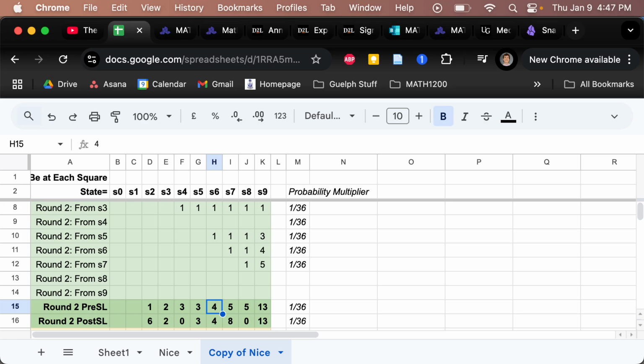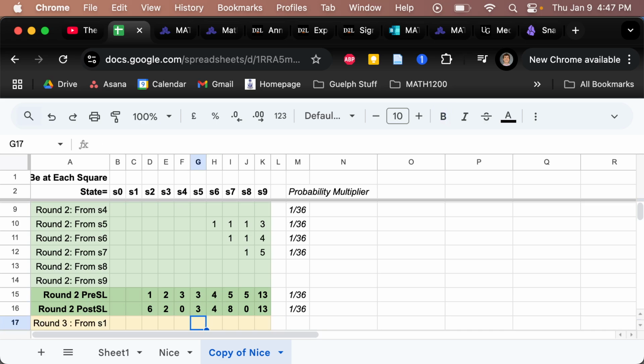All right, let's do round 3. By the way, if you just wanted the answer to the original question, which was in round 3, how do you get to 7? You can already do a little bit of a sneak and try to get it right away. How could you get to square 7 if you know that after round 2, these are the probabilities? Well, you could have been at 1, 2, 5, or 6, and there's exactly one roll that gets you there.